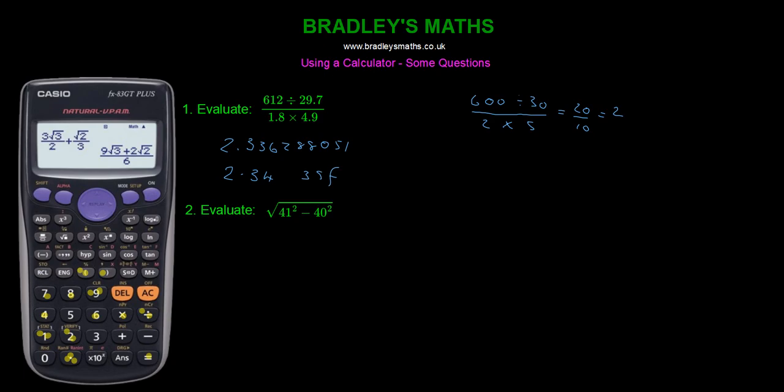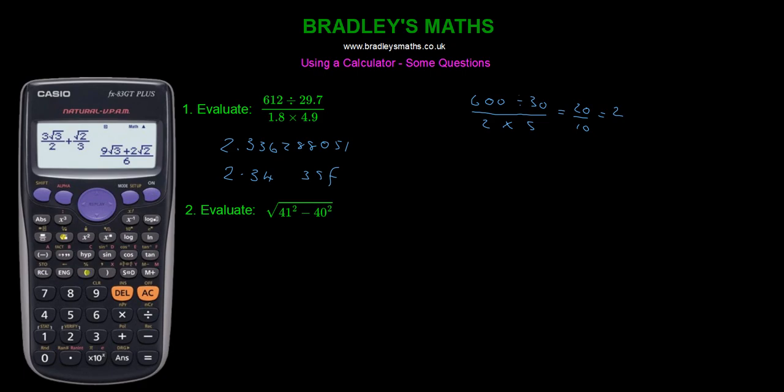Okay, let's take all these dots off again. Get ready to put new dots on. Okay, the square root of 41 squared minus 40 squared. So we have square root. Both 41 squared and 40 squared are within the square root symbol, so they need to go in brackets.